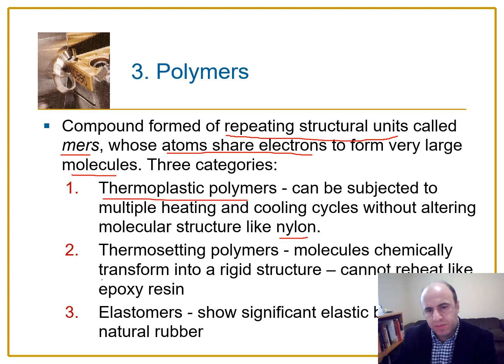The second type is thermoset. When the original shape is transformed to a rigid structure, we cannot convert it back to the original shape. It's like baking a cake. The ingredients can be flour, eggs, and water.